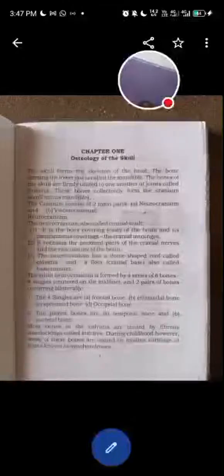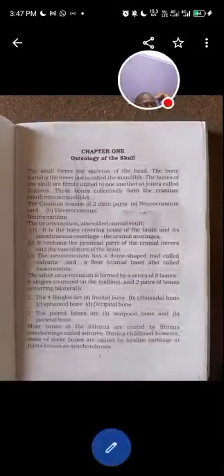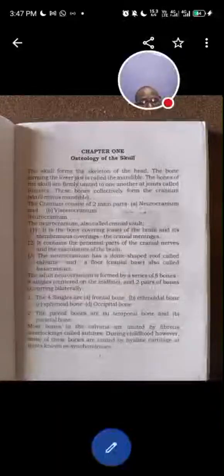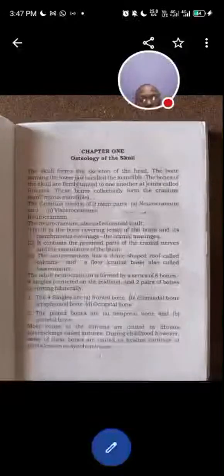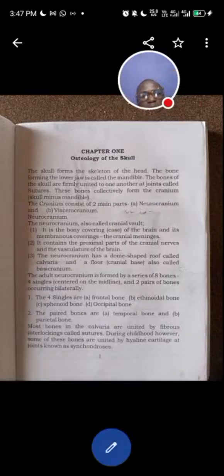We have the frontal, the occipital, the sphenoid, and the ethmoidal.